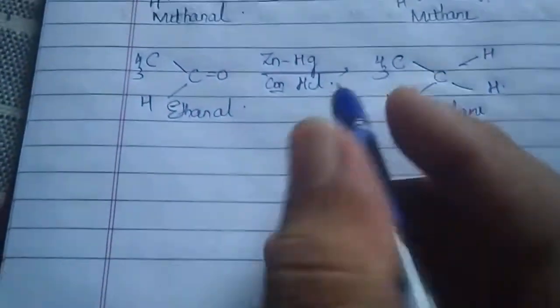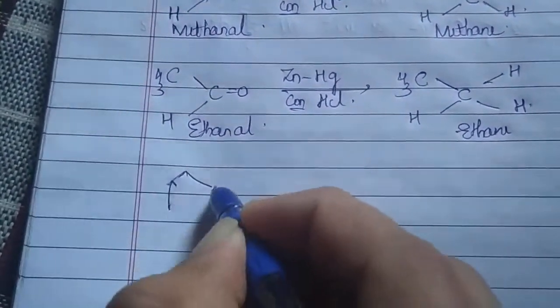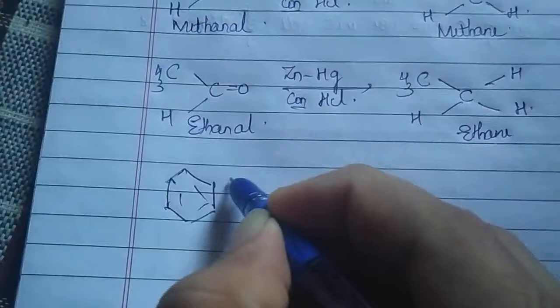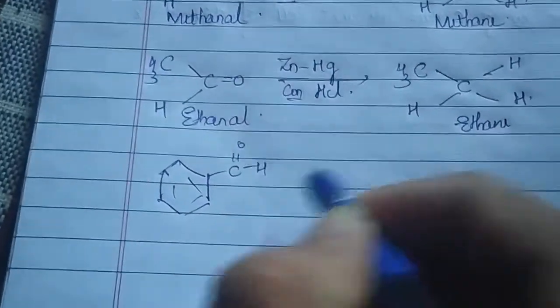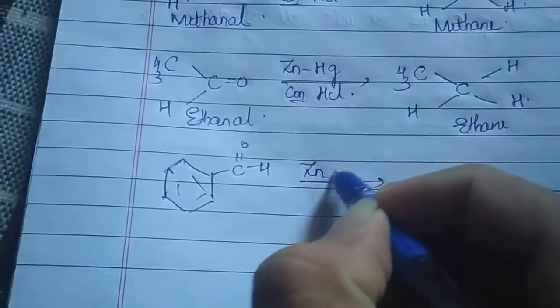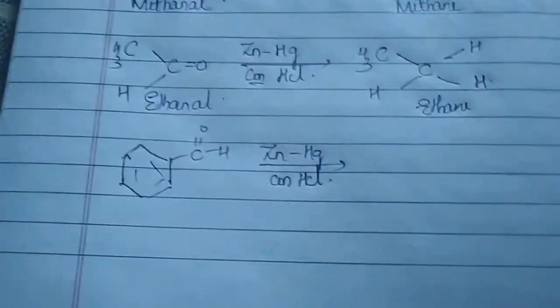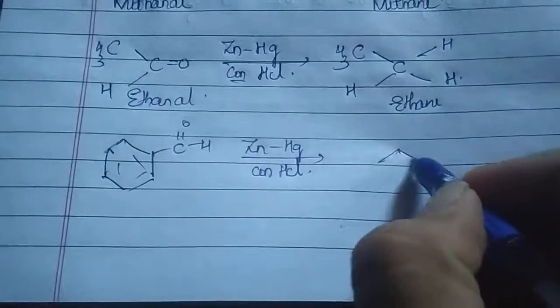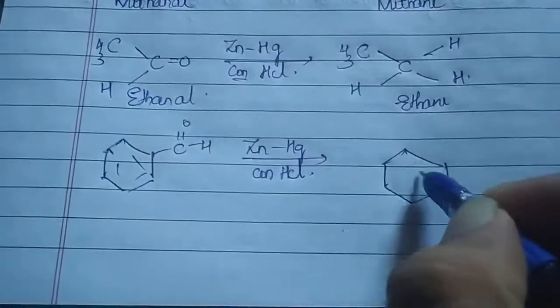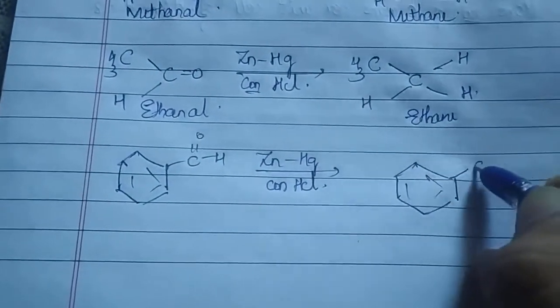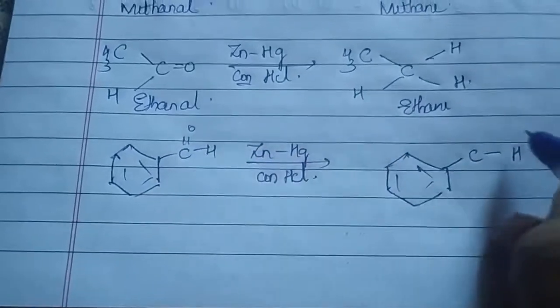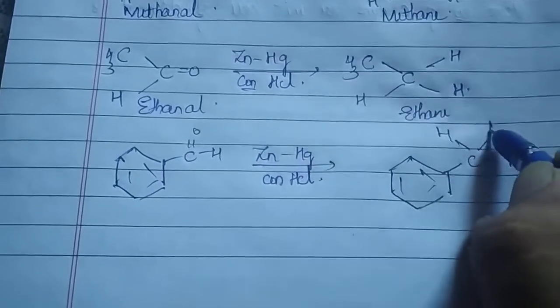Similarly, if I take for example benzaldehyde, this is C6H5, C double bond O and H. In the presence of zinc amalgam in concentrated HCl, you will now get methyl benzene. Yes, in place of double bond O, you are getting 2 hydrogens.